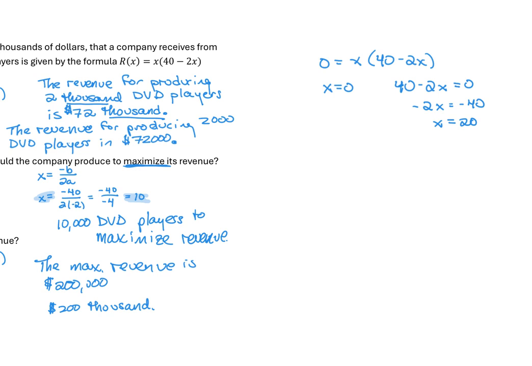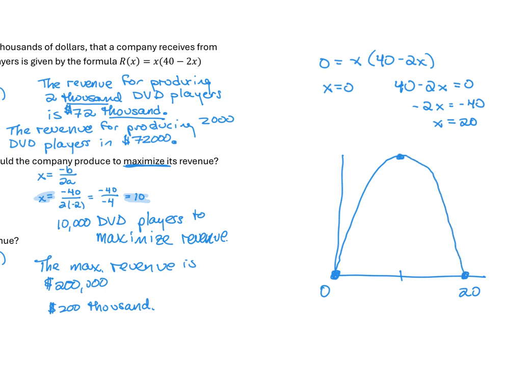Now, visually, just so you see what we have going on here, it is equal to 0 here and here. Our maximum, because remember that quadratics are symmetric, is going to be halfway between the two x-intercepts.